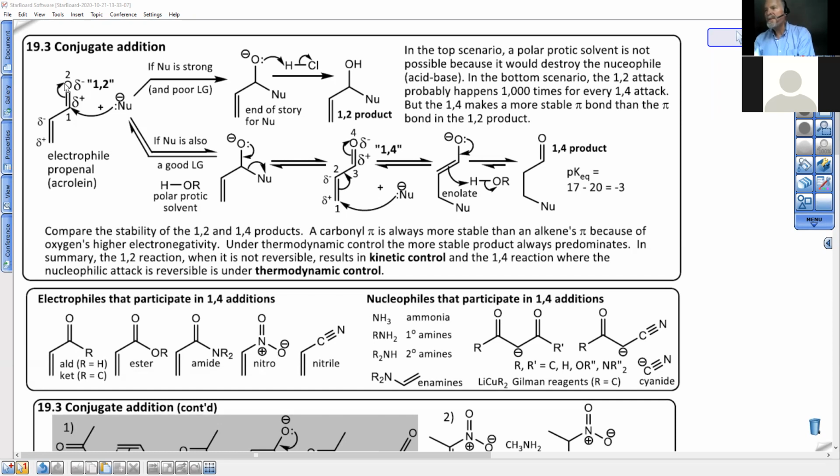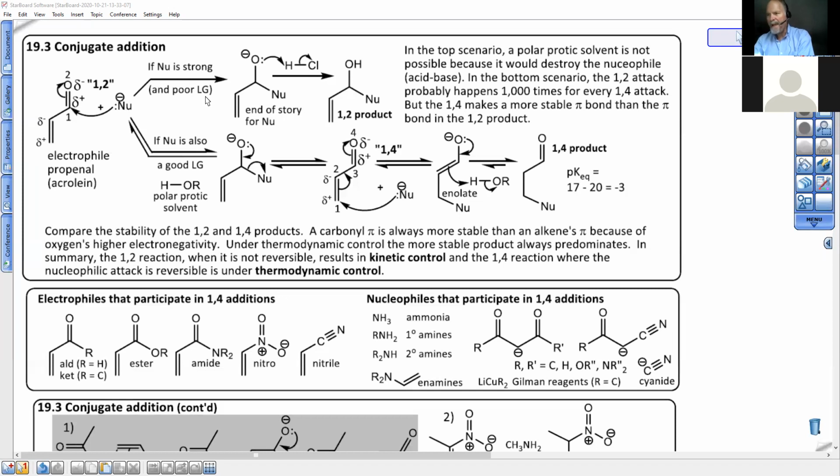So 1,2 addition we saw with things like organolithiums and Grignard reagents. So that is nothing new. Those were strong nucleophiles, and they were the worst possible leaving groups we can think of. Think about methyl minus, the conjugate base of methane, the weakest acid we know.